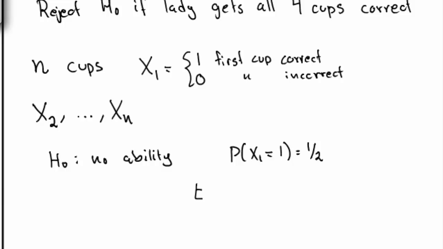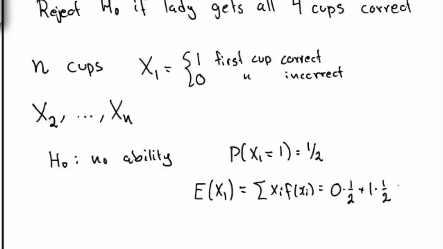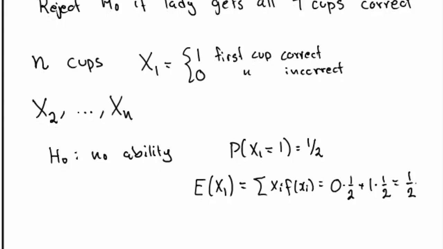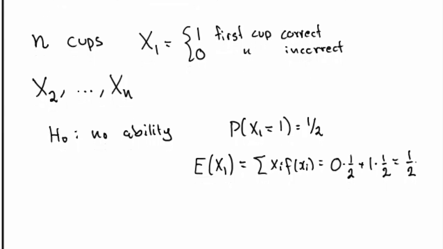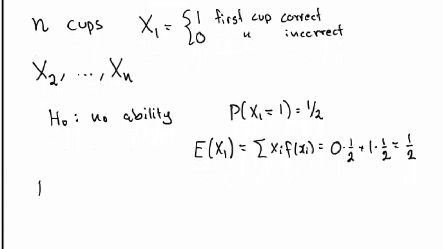Also, if you have no ability, then the expected value of the first random variable is, according to the formula, summation xi f of xi, 0 times 1/2, a 50% probability that you get it incorrect, plus 1 times 1/2, a 50% probability that you get it right, so that's 1/2. The same will also be true for the other random variables x2 through xn.